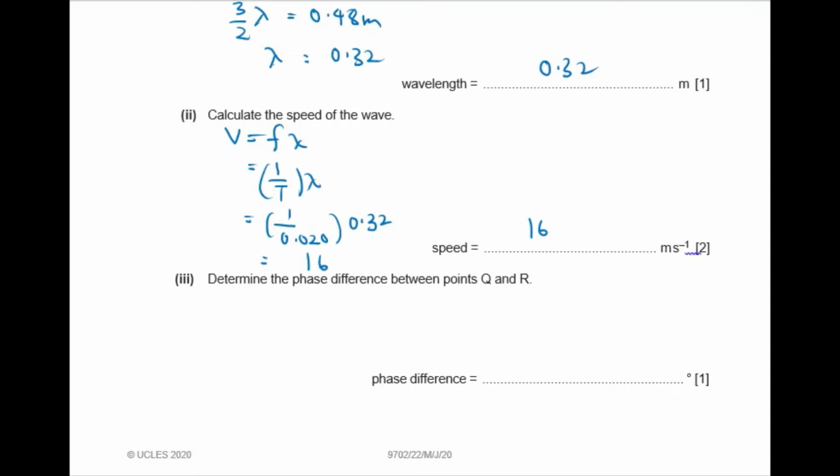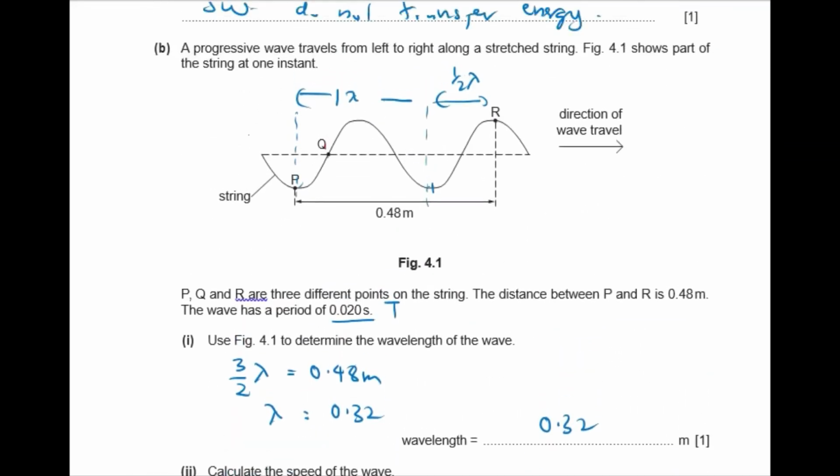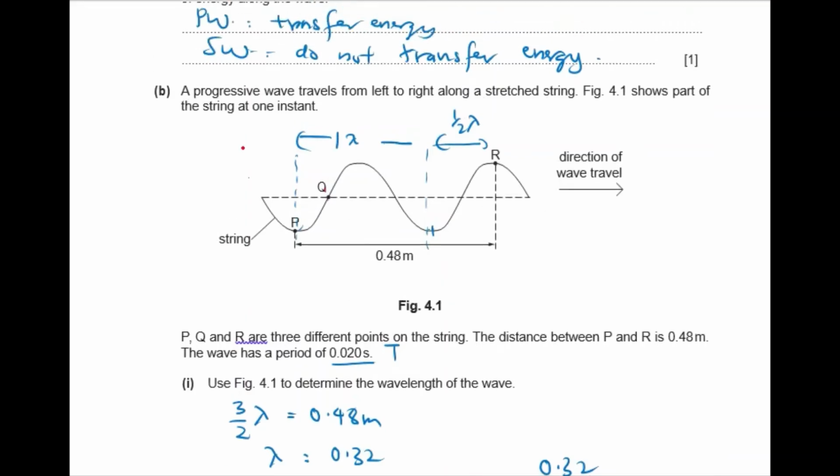B3, determine the phase difference between point Q and R. Okay, so where are points Q and R? This is point Q, this is point R. Okay, how many wavelengths Q to R? Until here, one wavelength. And then from this point to R is another quarter wavelength.